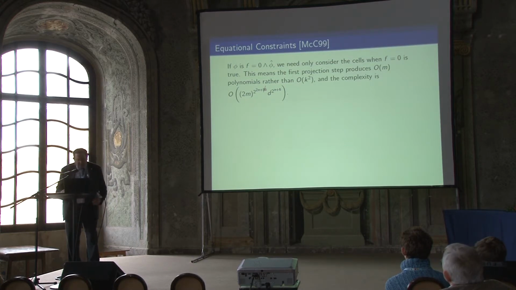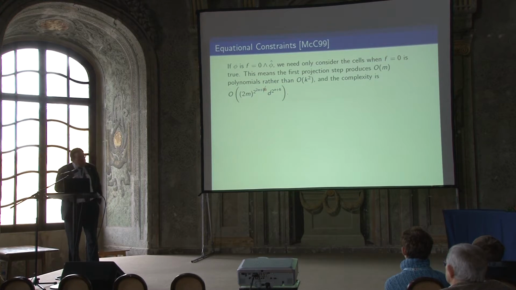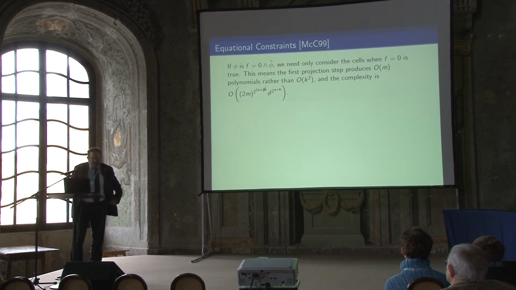Now, this means the first projection step produces O of m polynomials, well, whoops, that should be O of m squared, sorry. And the complexity then, well, we just take that 8 down to a 6. Again, that doesn't sound like very much, but just as I said earlier, that's actually a very important difference in both theory and practice.